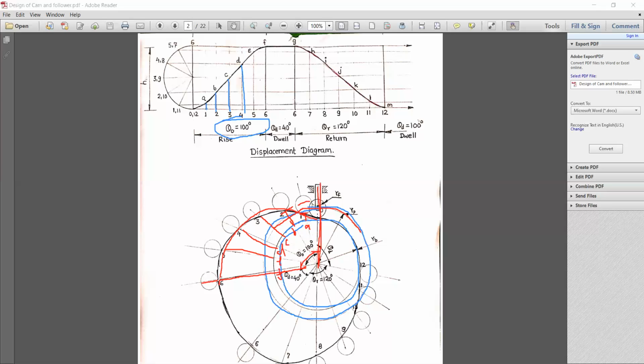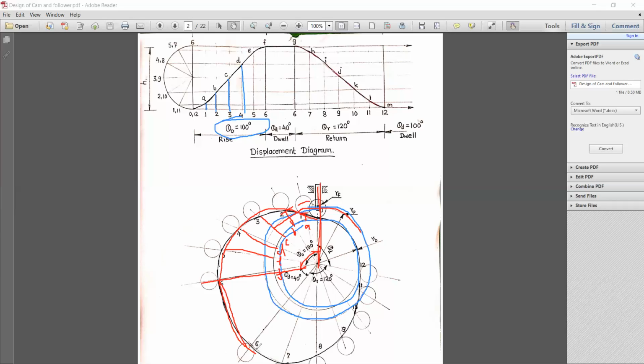Now the second dwell is there, of 40 degree angle, so the second profile point will remain the same, at 6. Now next, based on the returning process, similarly you have to consider 7J distance, then 6J distance, then 7H, 8I, 9J, 10K, 11L, and 12M.